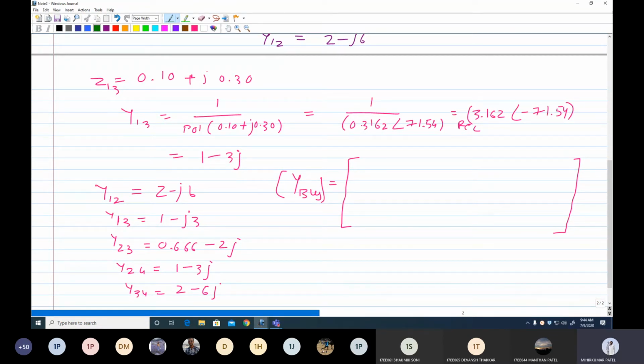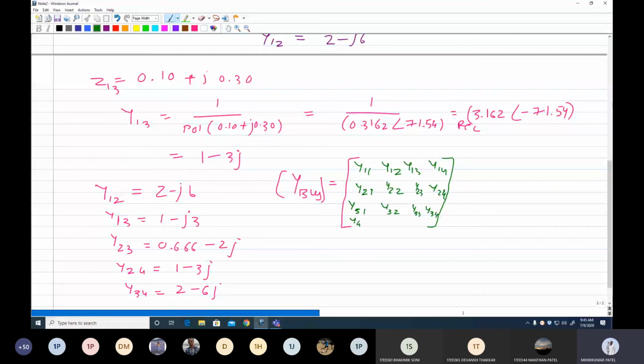Let me write it in general form: y11 up to y14, y21, y22, y23, y24, y31, y32, y33, y34, then y41, y42, y43 and y44.